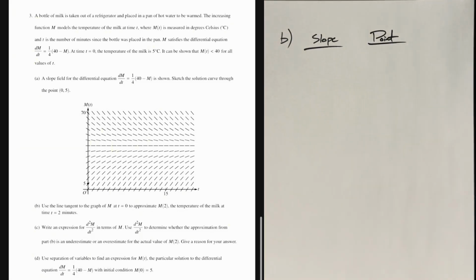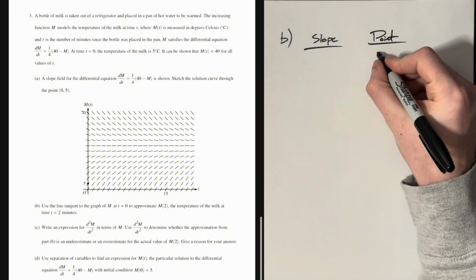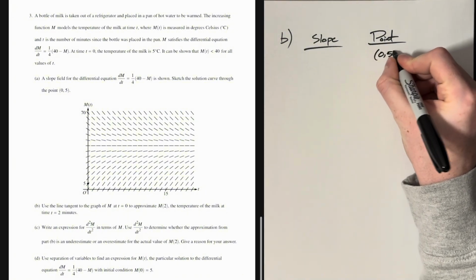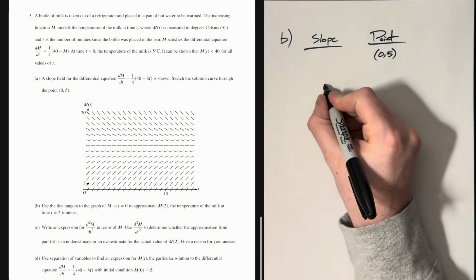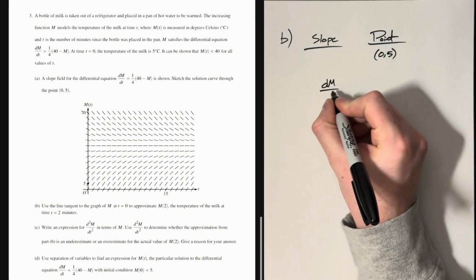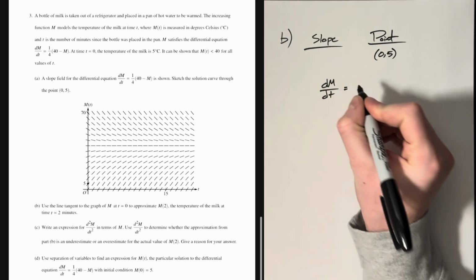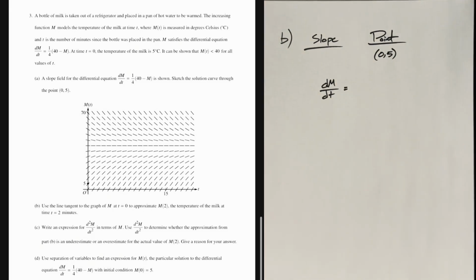The great thing is they give us the point, right? They say it's at t equals 0. At t equals 0, the point is (0, 5). So we're halfway there. Now all we need is our slope. And we know that slope is represented by the derivative of a function at a point, which in this case is dm/dt.